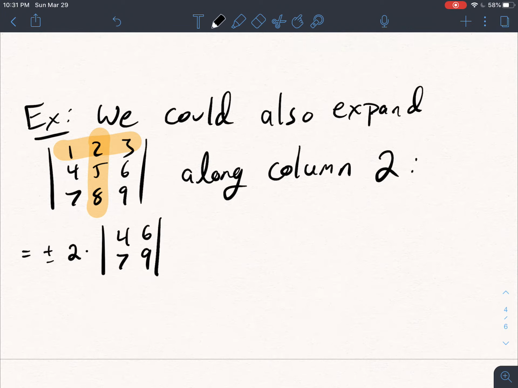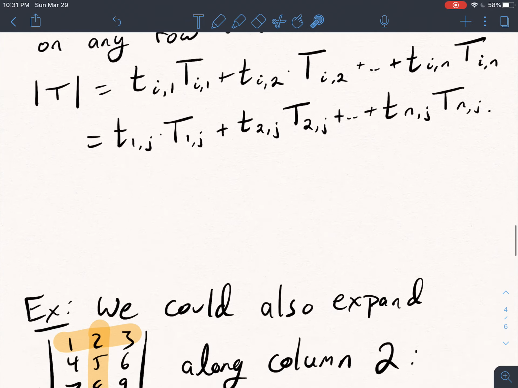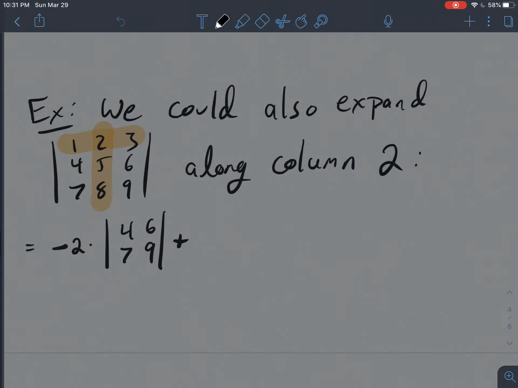And then do I multiply by positive or negative 1? Well, I could go up to my pattern, and the 1, 2 entry is always going to be negative, no matter what. So this should be negative.